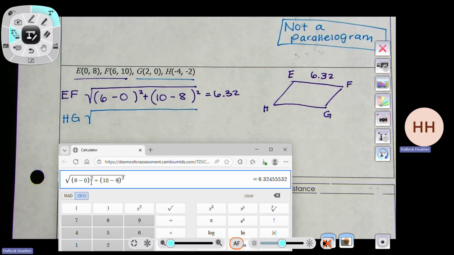Did you get a different question? It is 6 minus 0 because it's x2, x2 minus x1.